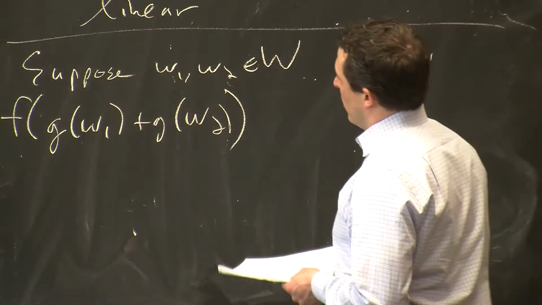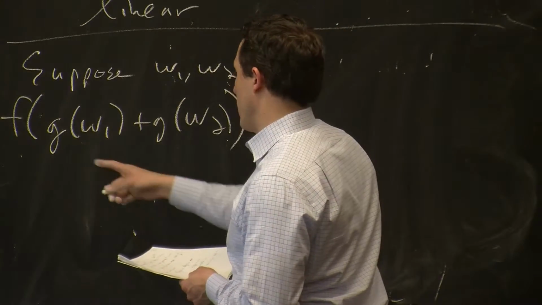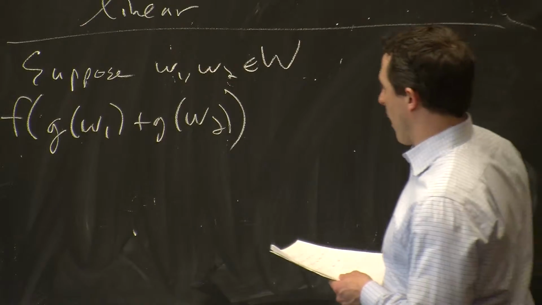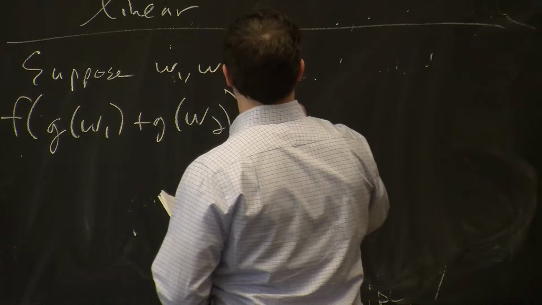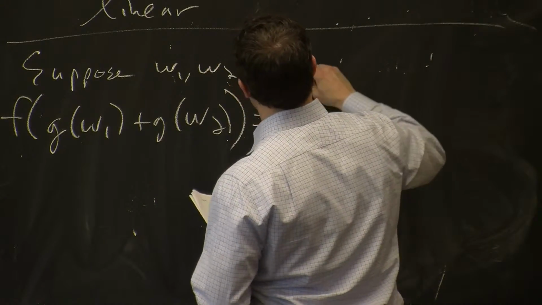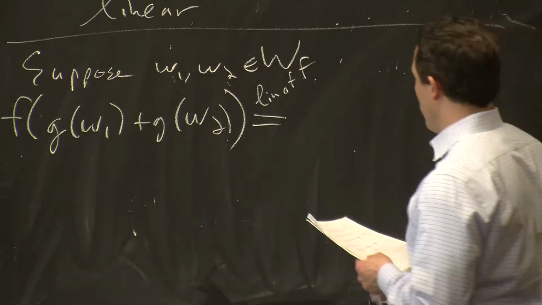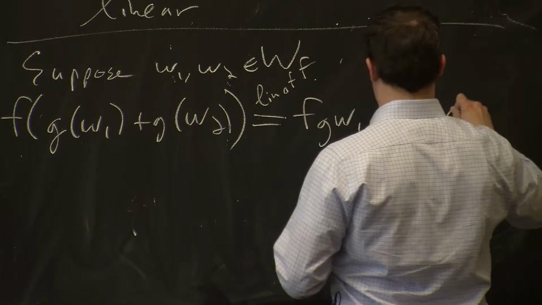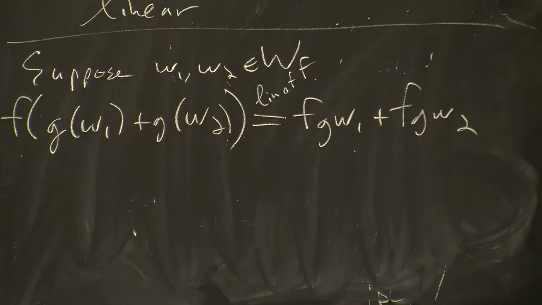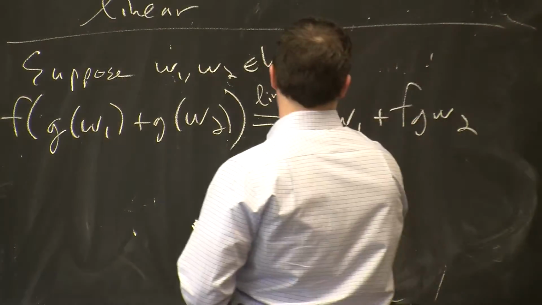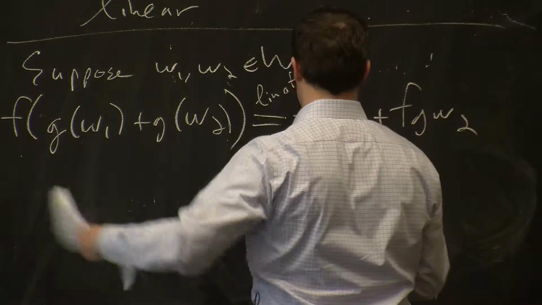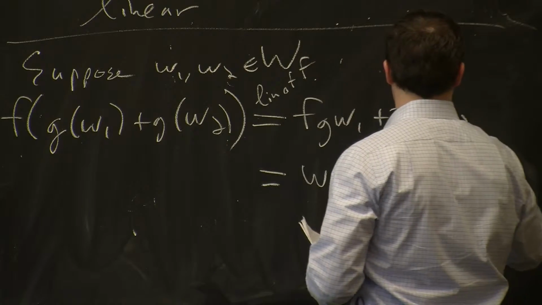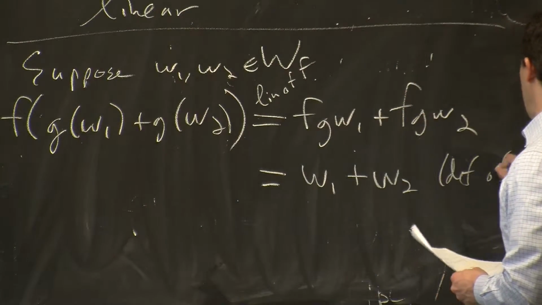We'd like addition to commute with the application of G. So take G of W1 and G of W2, add them together and apply F to them. F is linear, so I can push F through to get F G W1 plus F G W2. But G and F are inverse as set functions by our definition of G. So that's equal to W1 plus W2.